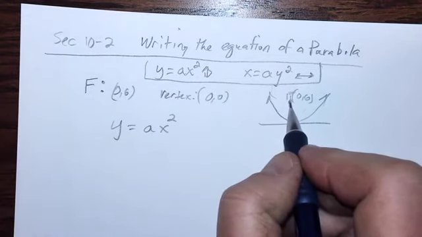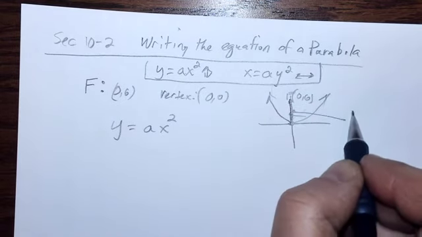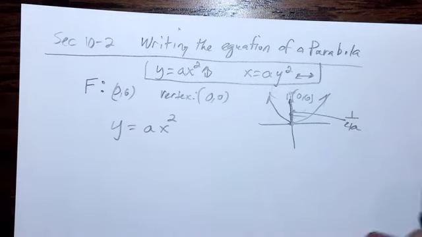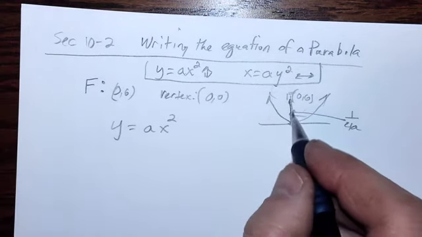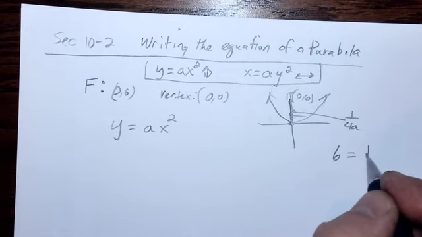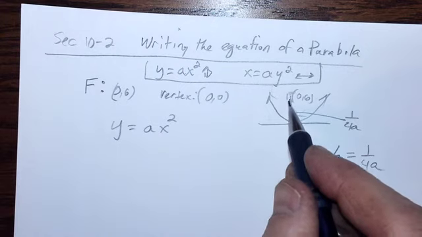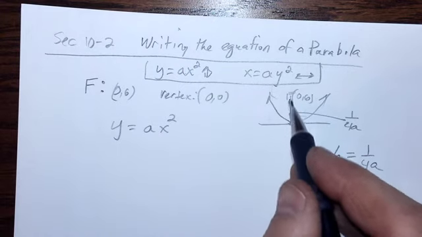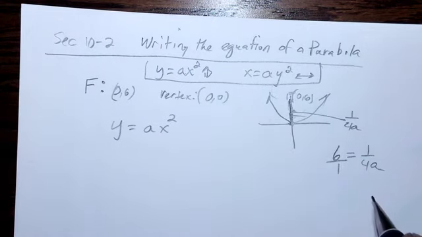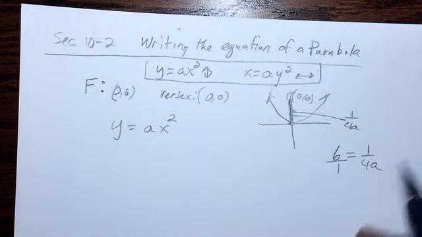This distance right here, remember, is 1 over 4a, and we know that counting this distance is 6. So 6 is equal to 1 over 4a. All I do is see how far it is from the vertex to the focus, and that's how I figure out what a is.